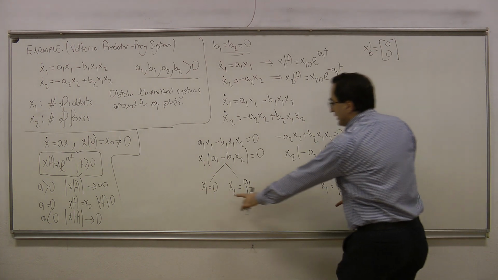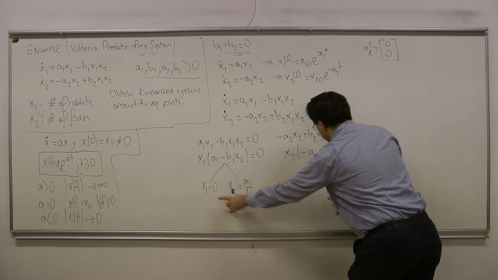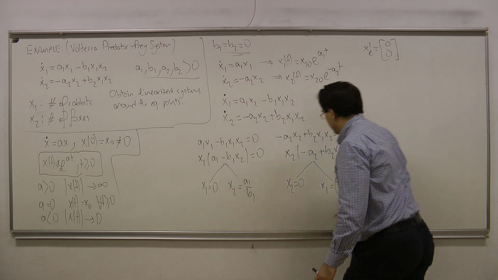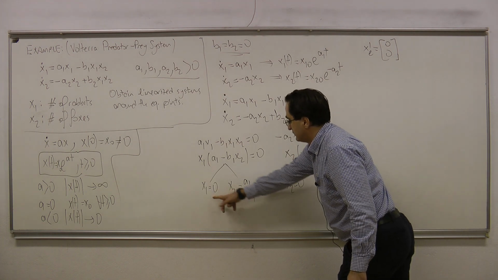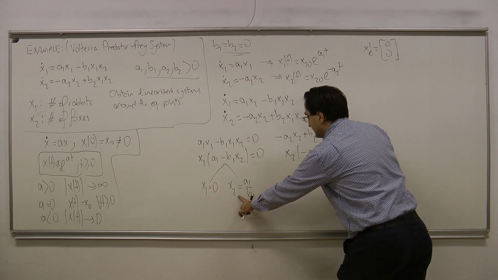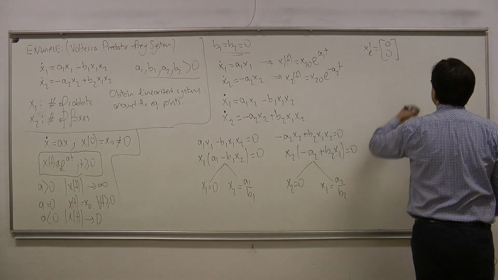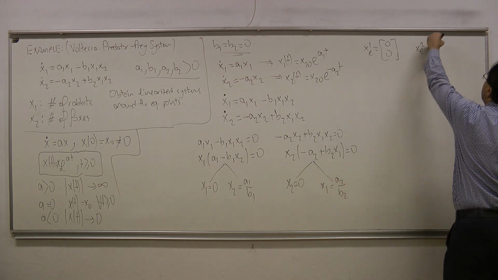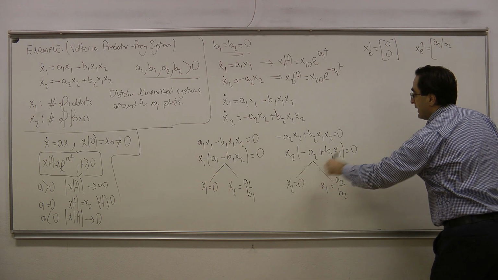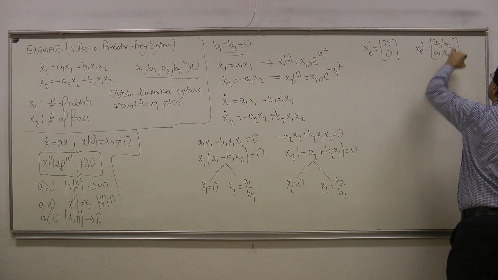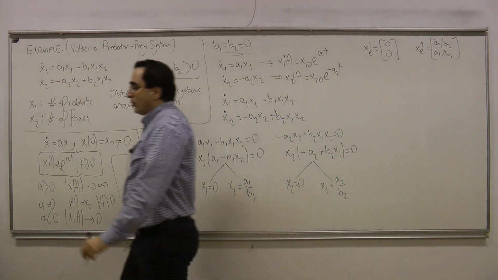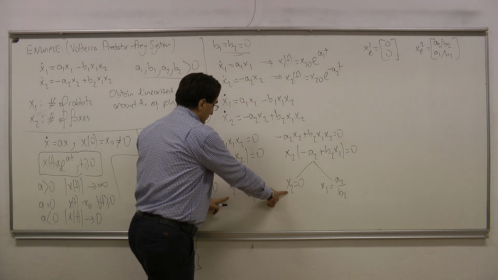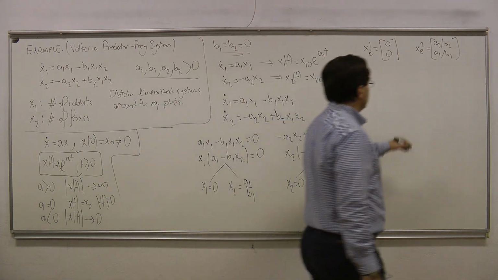Can I take these two, x1 equals 0 and x1 equals a2 over b2? Definitely, these two equations cannot be combined. This is a non-zero number, this is 0. On the other hand, if I take this value and this value, I would get another equilibrium point. xe2 is equal to a2 over b2 and a1 over b1. So this system has only two equilibrium points. I cannot combine these two either.